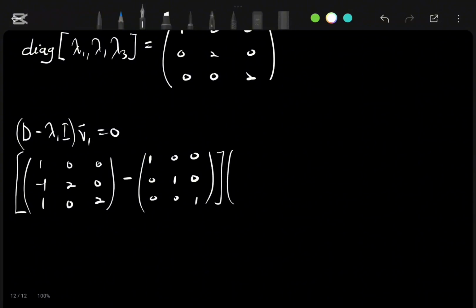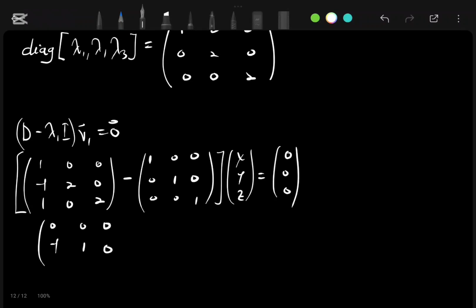Our V1 has components x, y, and z, equating to the 0 vector. So simplifying, we have 0, 0, 0, -1, 1, 0, 1, 0, 1, multiplied by x, y, and z, giving us 0, 0, 0.